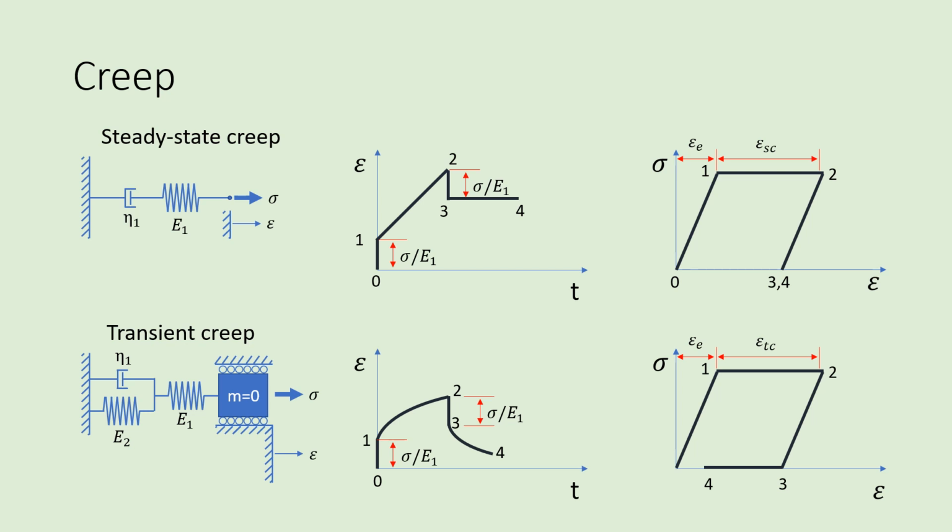Similar to before, you have some type of initial load or stress which is applied to the object at time point 1, but in the steady state creep model and in the transient creep model, this leads to initial elastic deformation of the component. The magnitude of this deformation is the stress divided by E sub 1, where E sub 1 is the constant for the spring that we've added into the system.